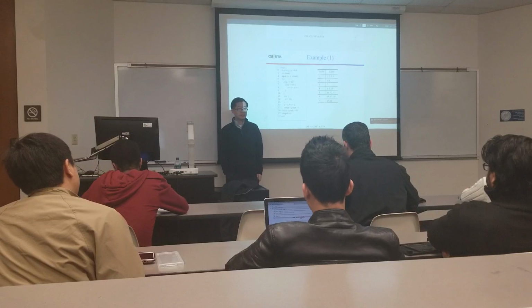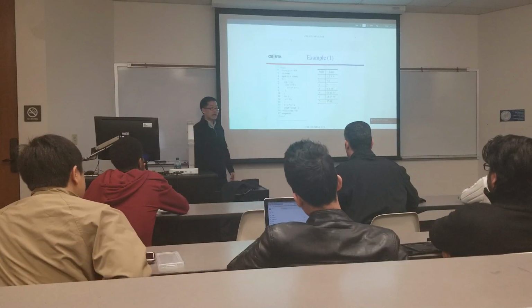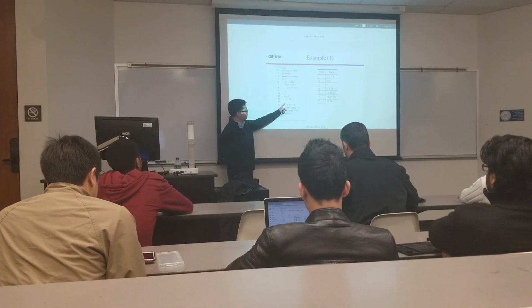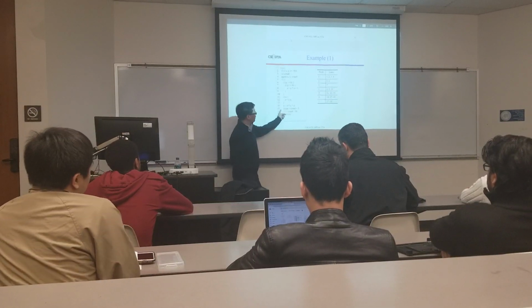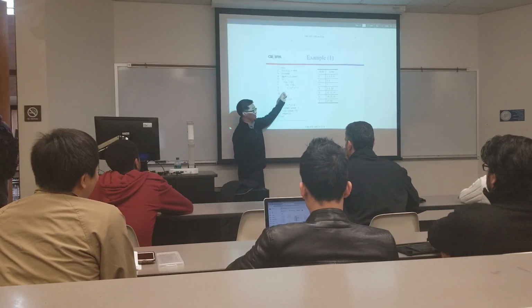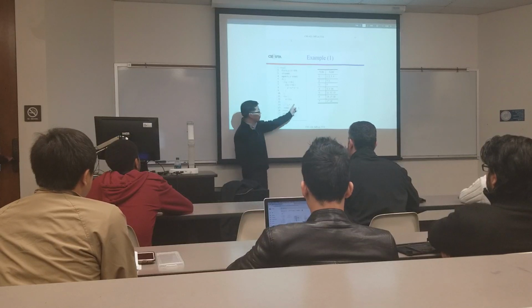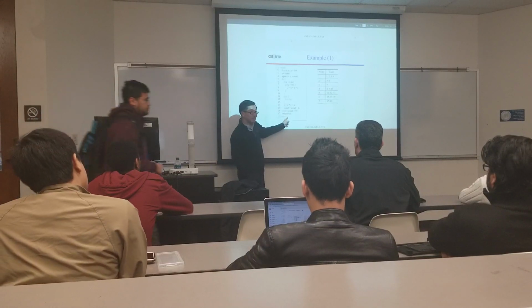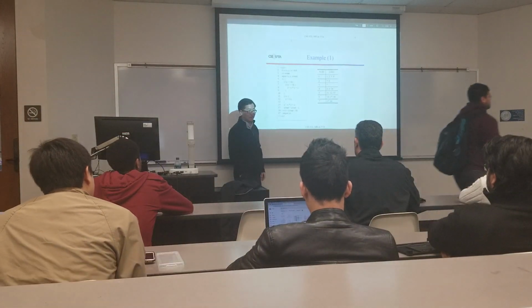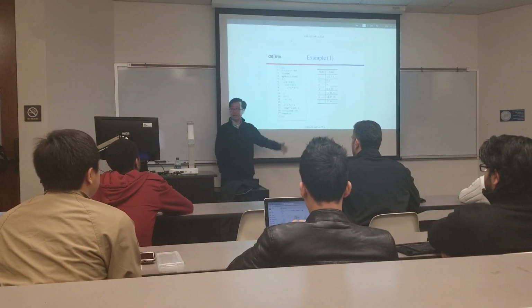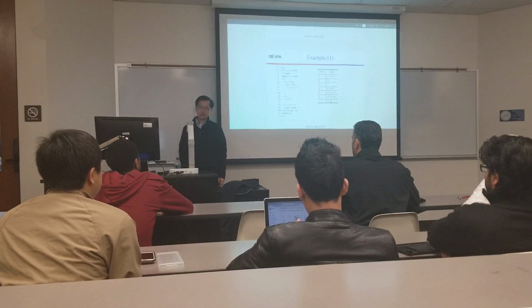Can you find the test case that would allow us to detect this bug? Remember, the requirement is that you have to use it. The only place that you could use it is this statement. This is the only place where the value of y is used and is going to affect the output. This value is also used here, but it does not affect the output.